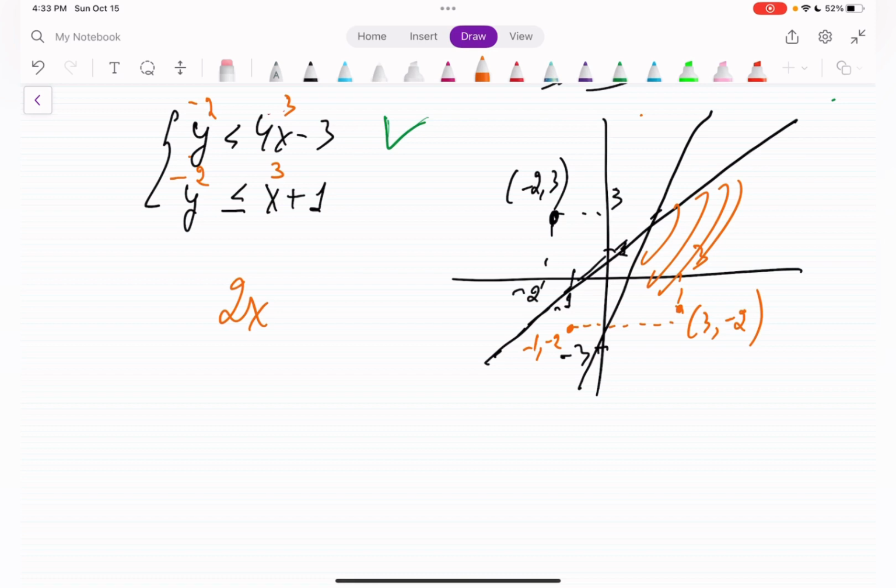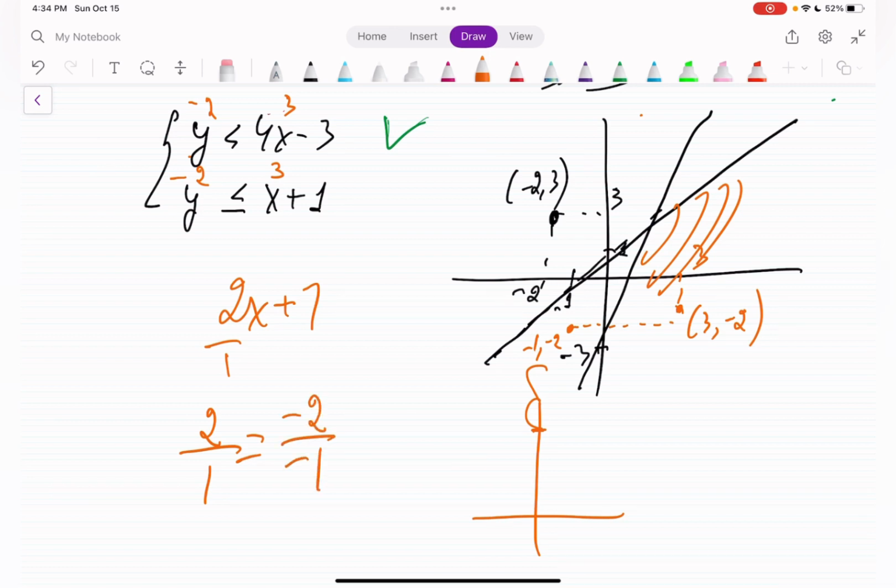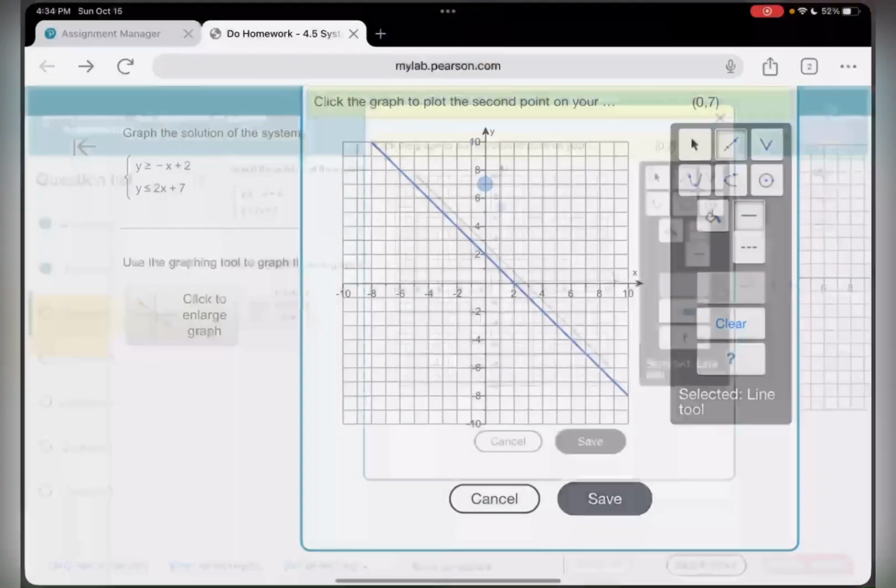If this is my 7, and I go plus 2, I'm getting behind my graphing environment. So instead of 2 over 1, I'm writing -2 over -1. See? It's the same thing, the same positive 2, right? But I don't go behind my graphing environment.